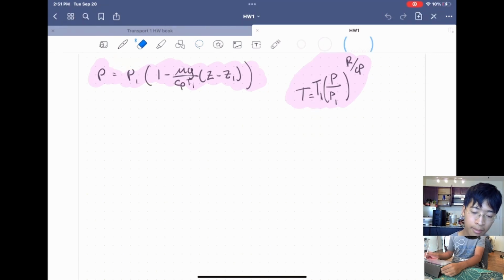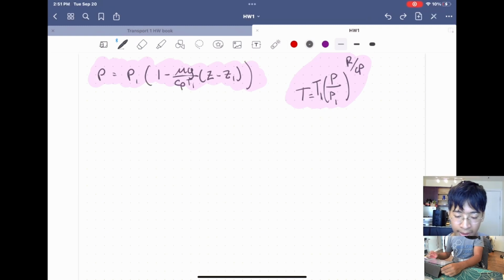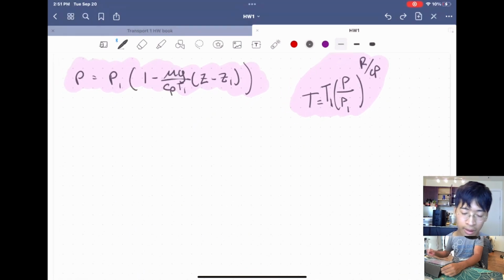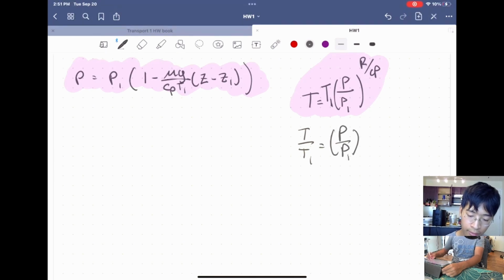And we do that by isolating pressure, because we want to be able to plug that in there in terms of T. Two simultaneous equations. So now we have T, temperature over known temperature, is equal to P over known pressure raised to the power of R over Cp. So T over T1 raised to the power of Cp over R is now equal.